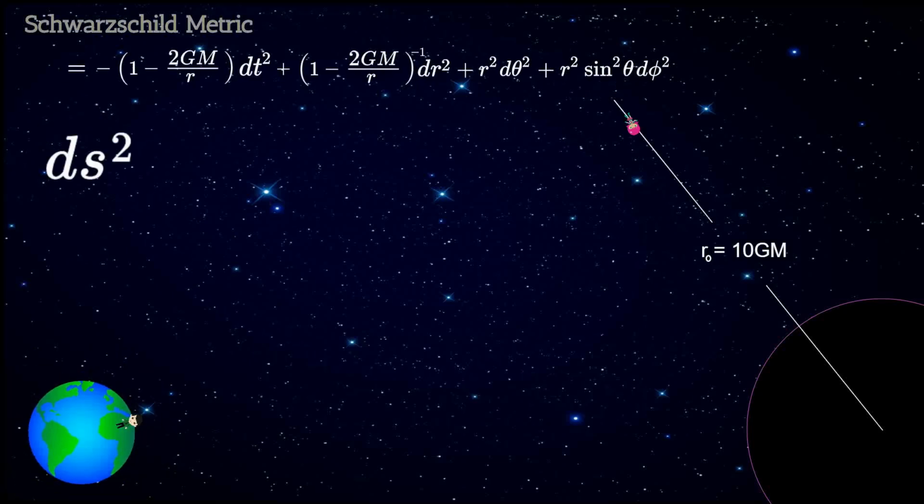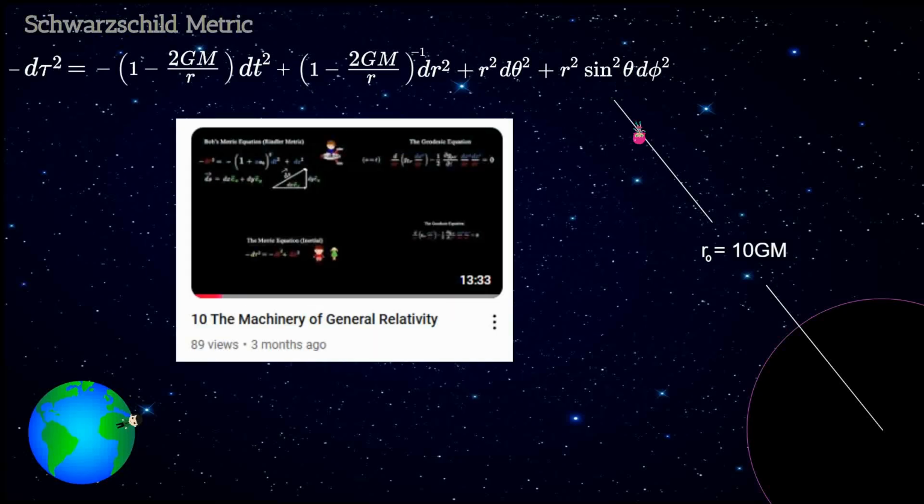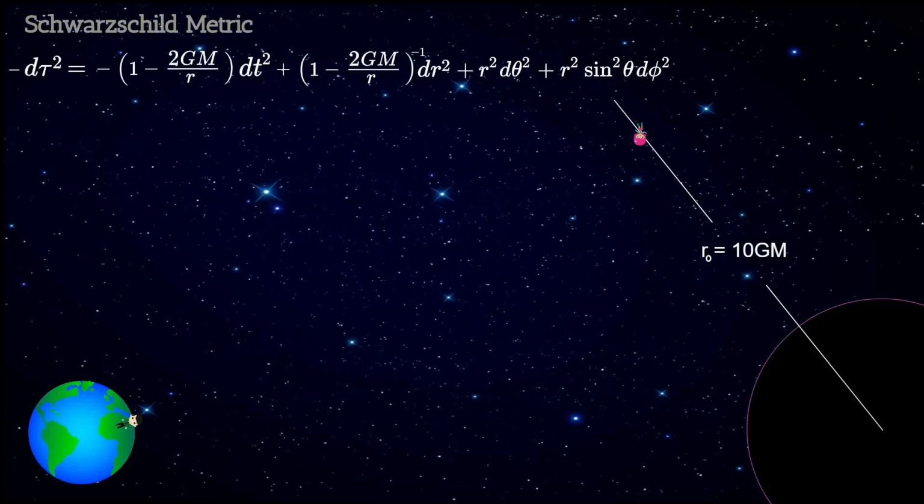The ds squared on the other side of the metric is the invariant quantity that Tom is measuring, which in this case is the negative of Stella's proper time squared, a fact we encountered in a previous video called the machinery of general relativity at the 1-minute timestamp.